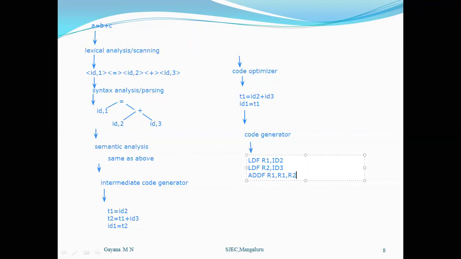The resultant is in R1, so it must be stored back into ID1 from R1. Now this is the code generator, and assuming that not much more optimization can be done, we can restrict the number of phases to only 6 phases.